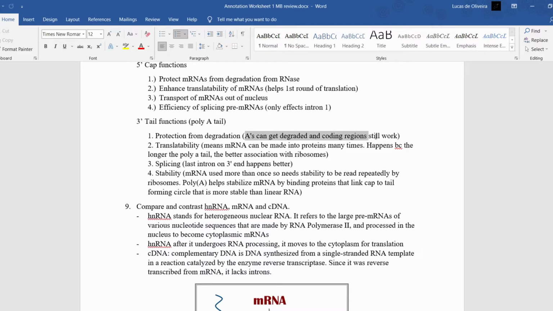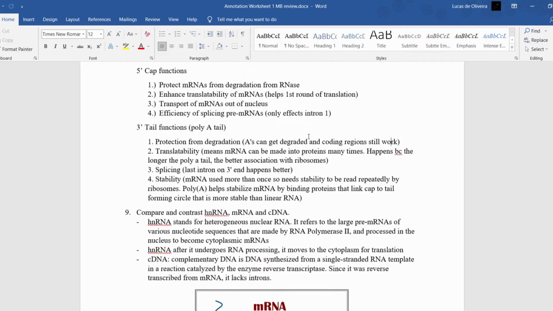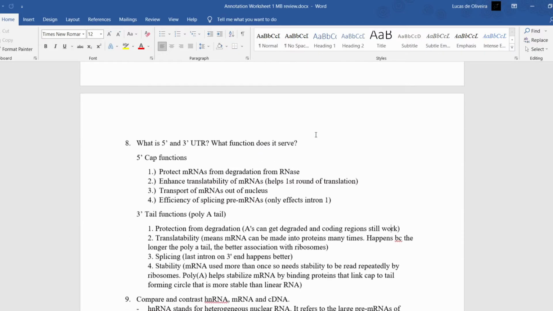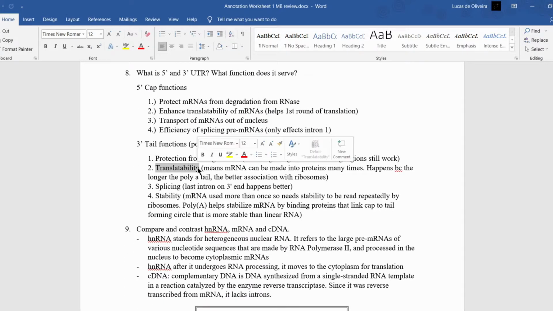By having these 250 adenines at the end, the RNase acts on the endpoints first. So by having these caps on the end, the important information is not getting harmed in the middle, instead it's these caps. Same as the cap, it increases translatability. The poly A tail helps with association with the ribosome.